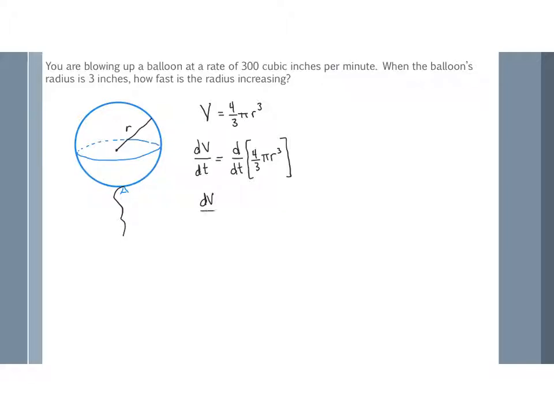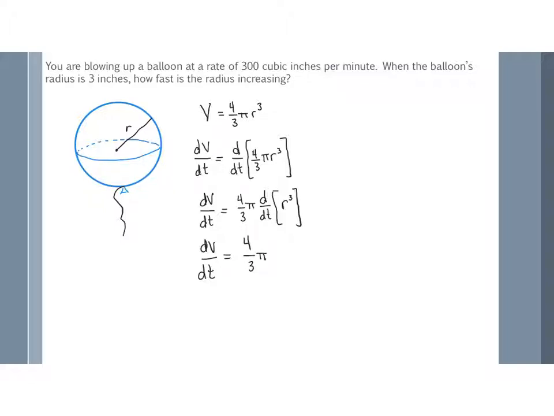So dV/dt equals, and now the 4/3 is constant, so we can bring that outside of the derivative. And so we have dV/dt equals 4/3 pi.